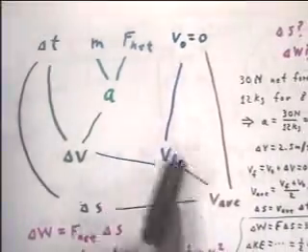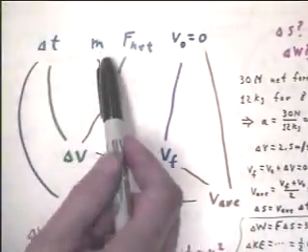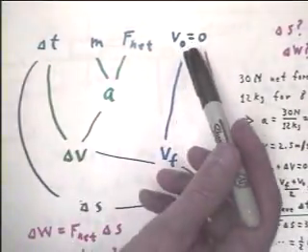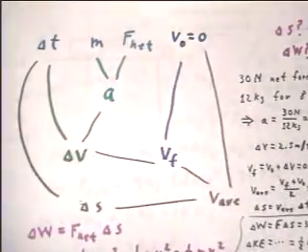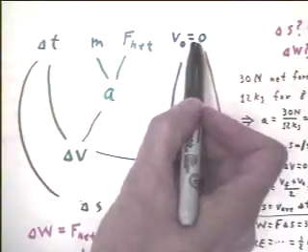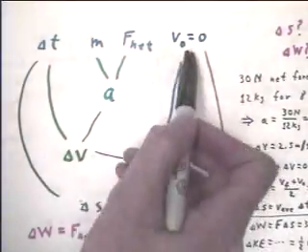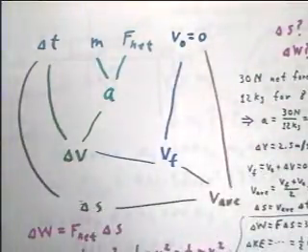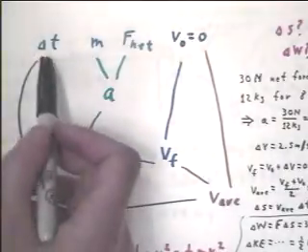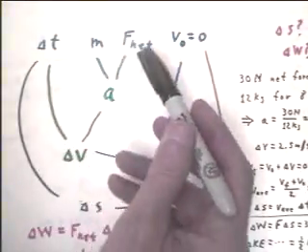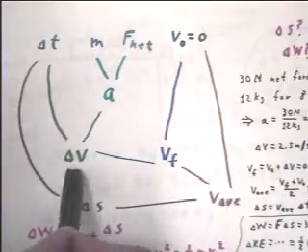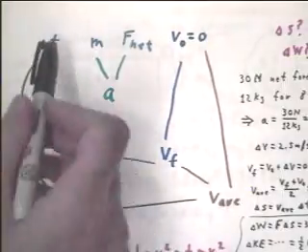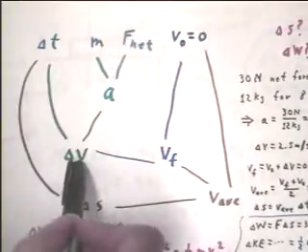we see that we were given delta t, the mass, the net force, and the initial velocity. In this case, the initial velocity was 0, but it really doesn't matter that the initial velocity was 0. This diagram will work no matter what the initial velocity is. From the mass and the net force, we have the acceleration, which gives us our delta v when combined with the delta t.